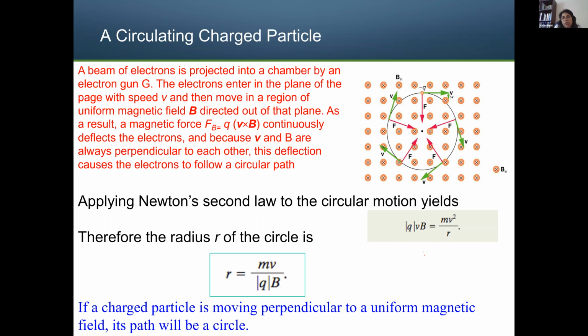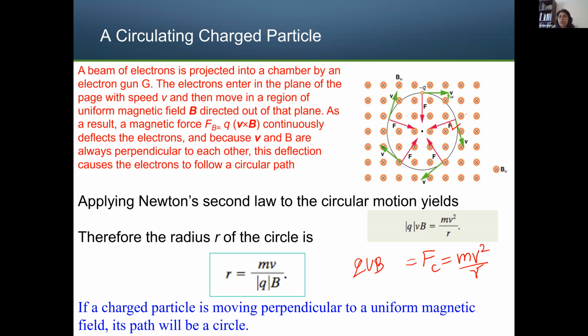The centripetal force, we know how to write it in Physics 1: that is mass times velocity squared over the radius of the circle, where v is the tangential velocity. Now this centripetal force in this case will actually be your magnetic force. The magnetic force, we know how to write it: QvB sine of theta, and since they are perpendicular to each other, the sine of theta will be just 1. So that will be equal to QvB, right?